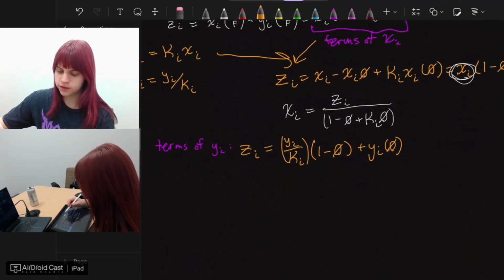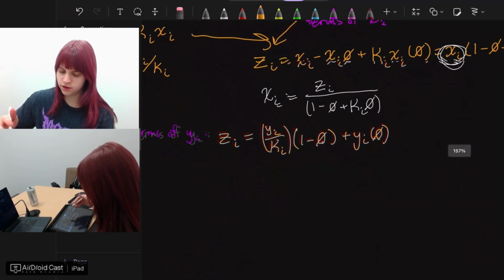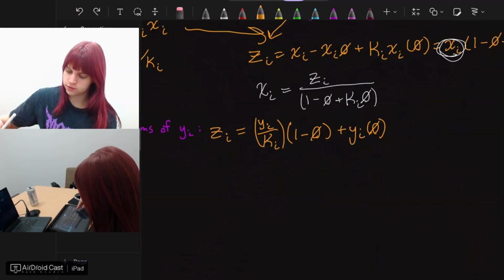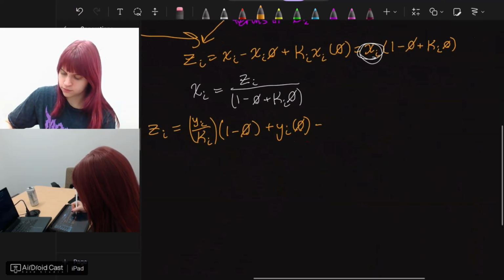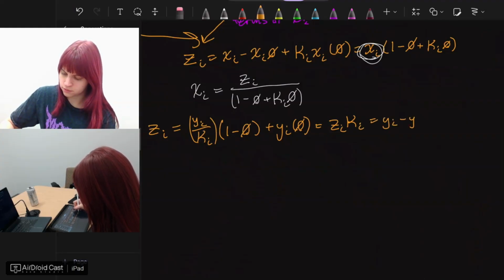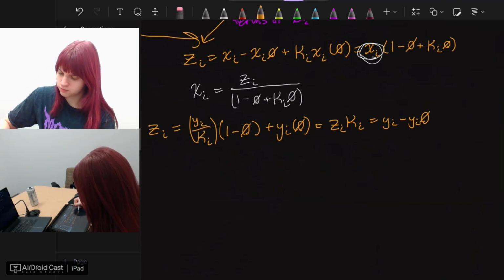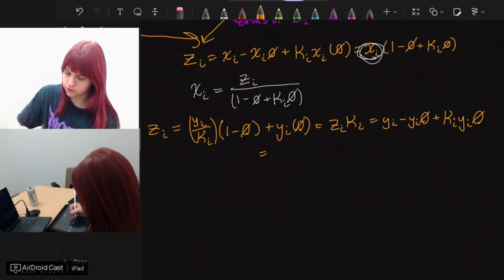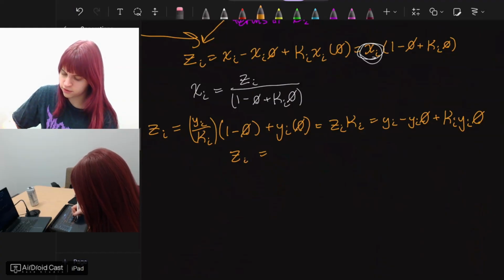We can then multiply each side of the equation by ki, then we can again factor out the yi this time.